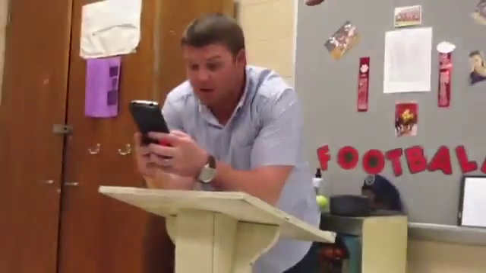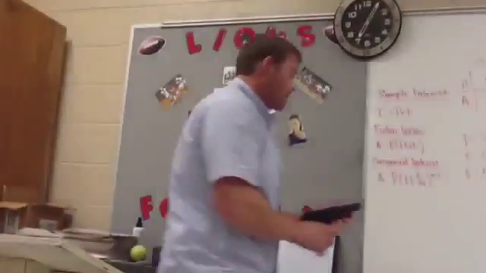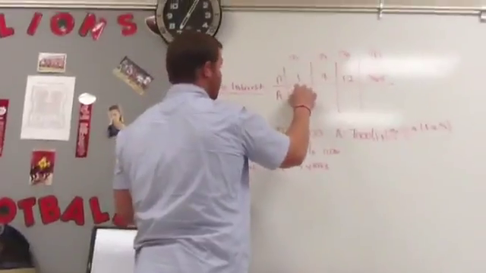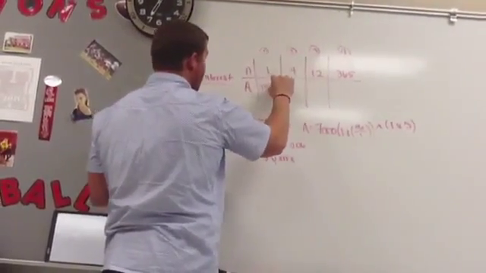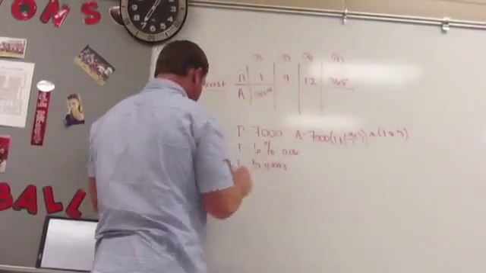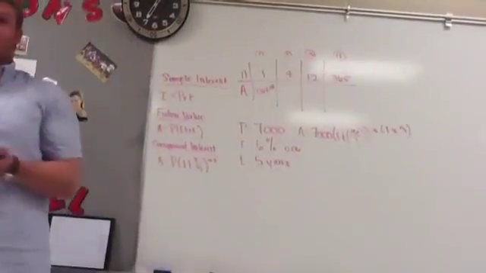You get 7,000, parentheses 1 plus 0.06 divided by 1 raised to the power, and you get 9,367 and 58 cents. When you put that all together. Yes. Alright, that's the answer for 1.